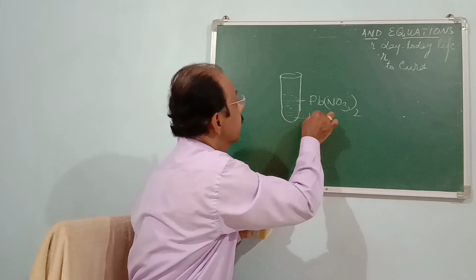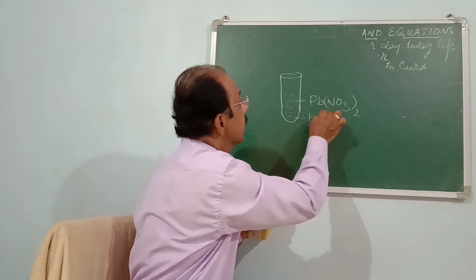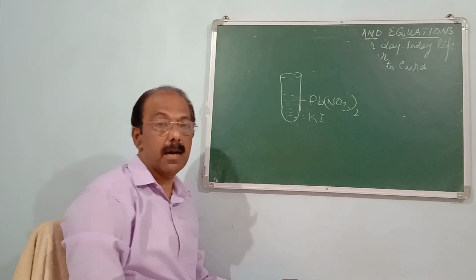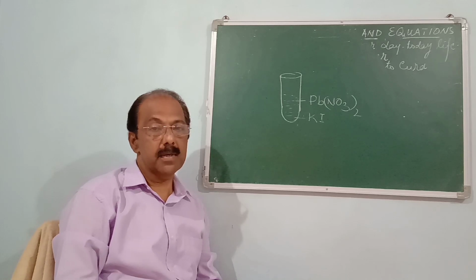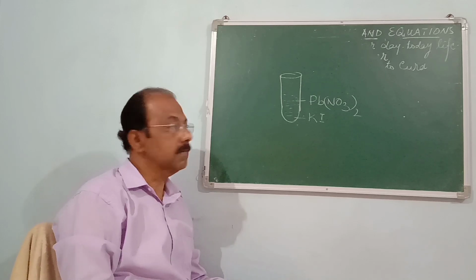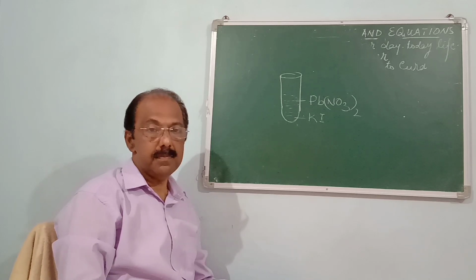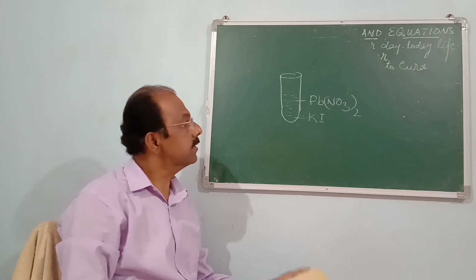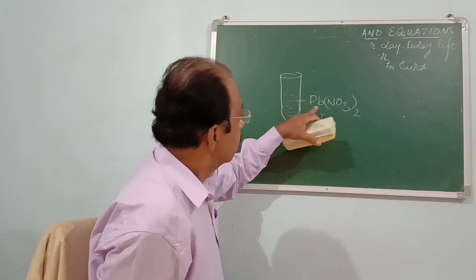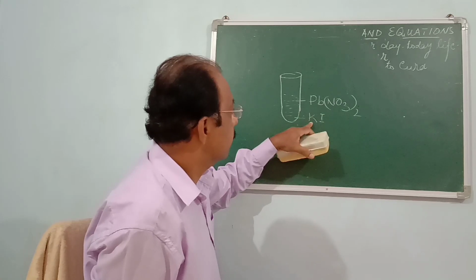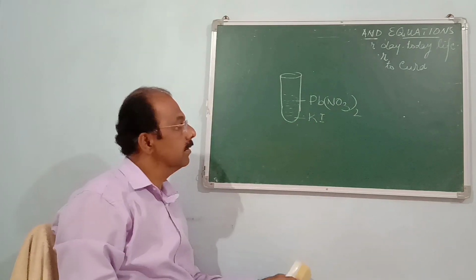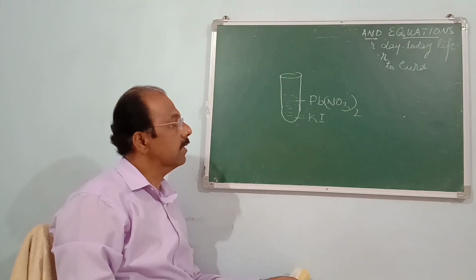And another chemical substance taken is aqueous potassium iodide. Two chemical substances are taken in a test tube. And on the reaction between this lead nitrate and potassium iodide, two chemical substances are formed.